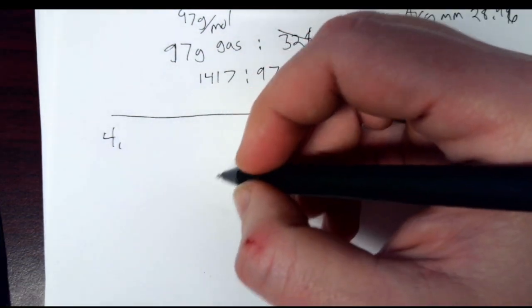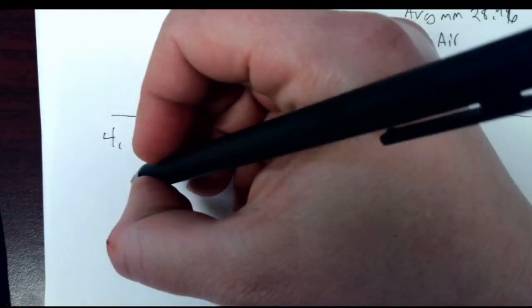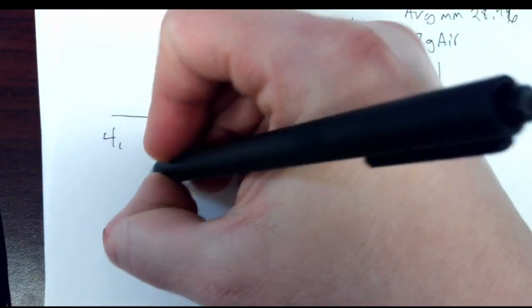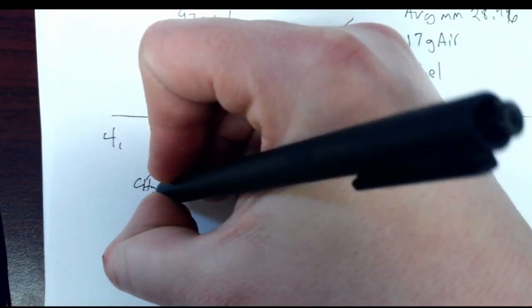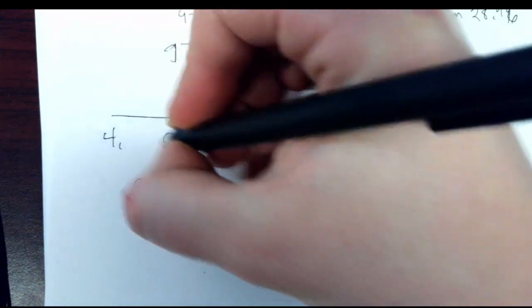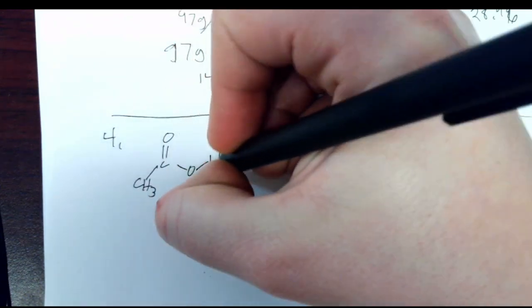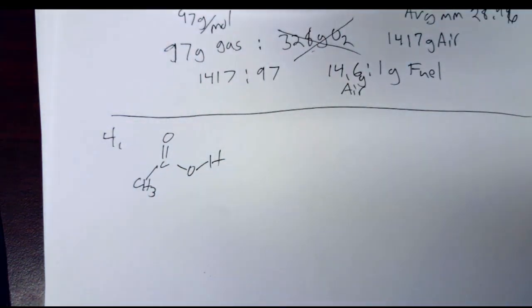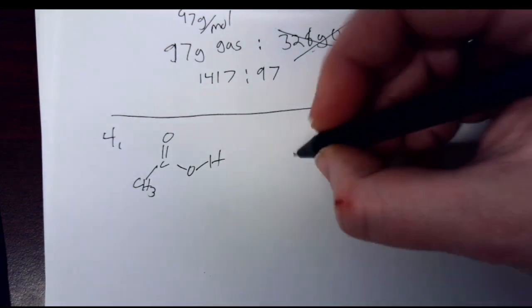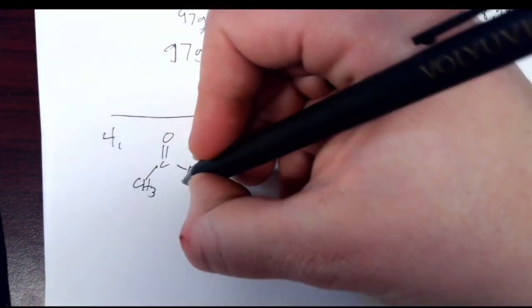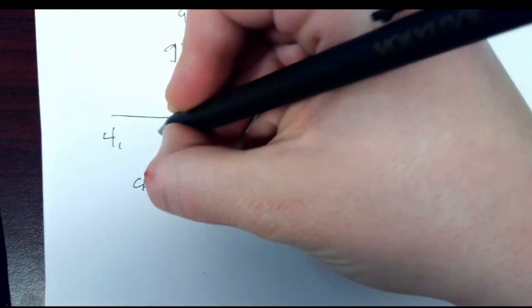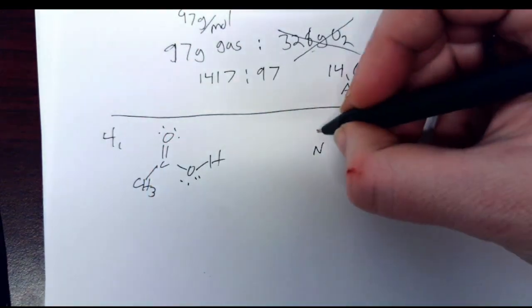So peroxyacetic. Acetic acid looks something like this: CH3COOH. Now peroxyacetic nitric acid has a structure similar to this.